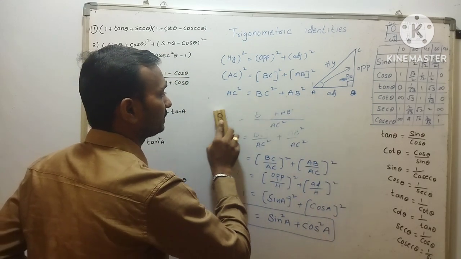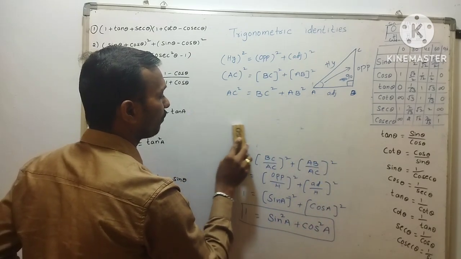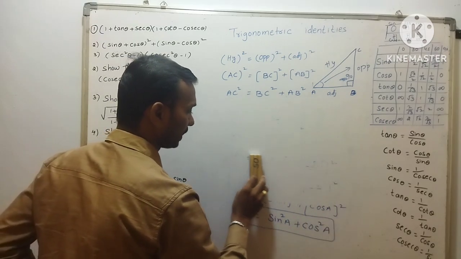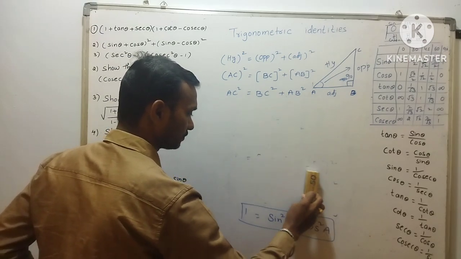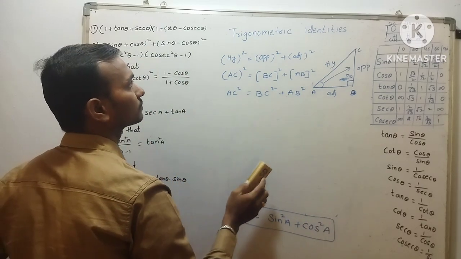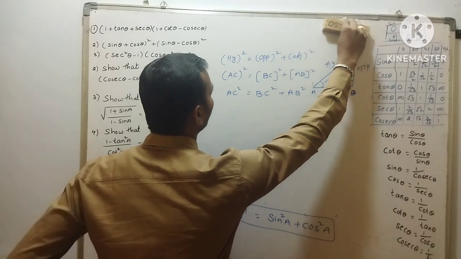So we should remember this identity: sin square A plus cos square A is equal to 1, or sin square theta plus cos square theta is equal to 1. That is the first identity we got.